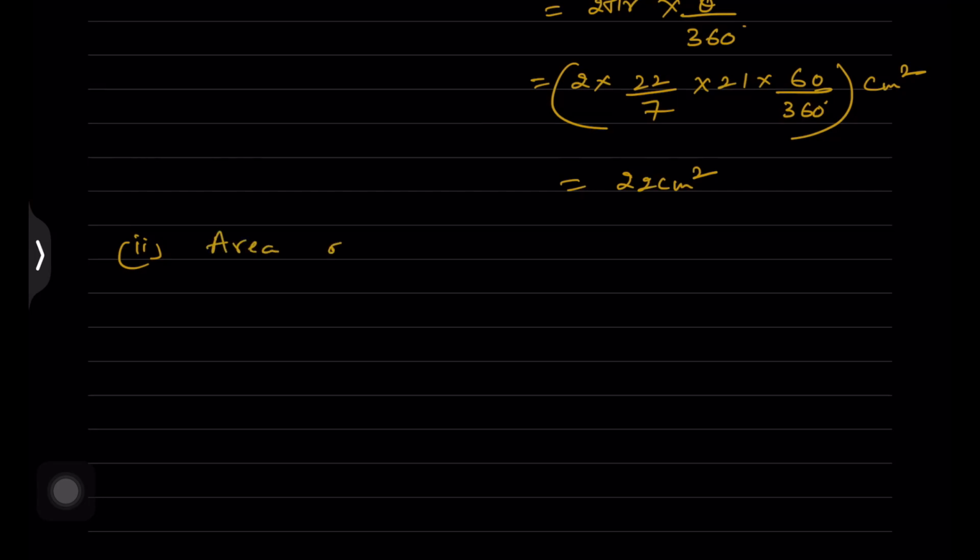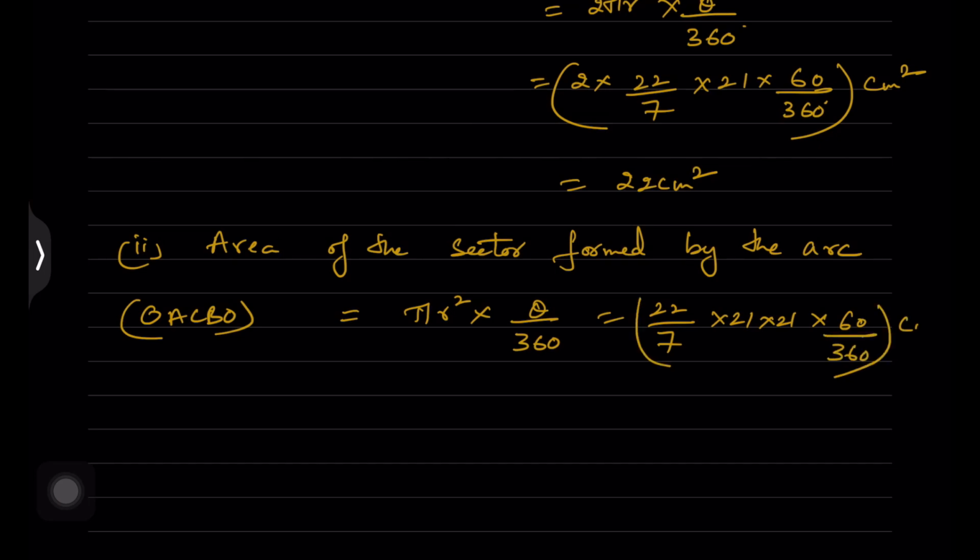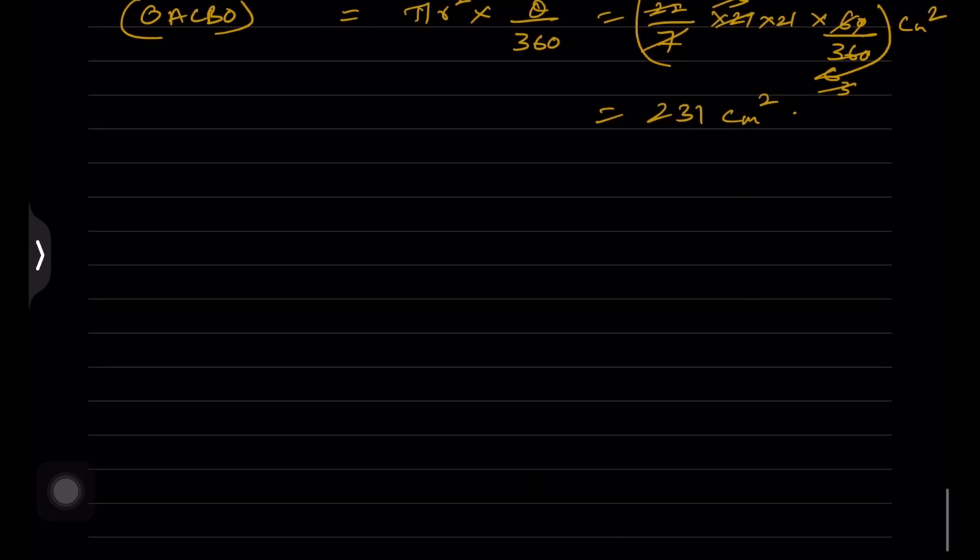So area of the sector formed by the arc OACBO is equal to pi r square into theta by 360, which is equal to 22 by 7 into 21 into 21 into 60 by 360 centimeter square, which is equal to 231 centimeter square.